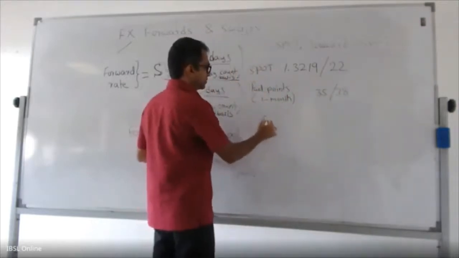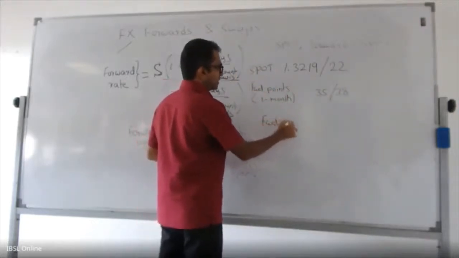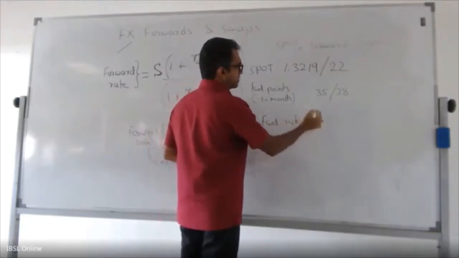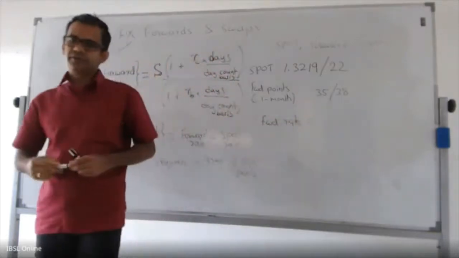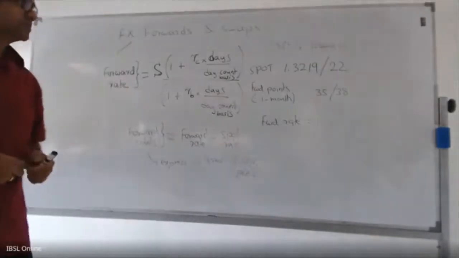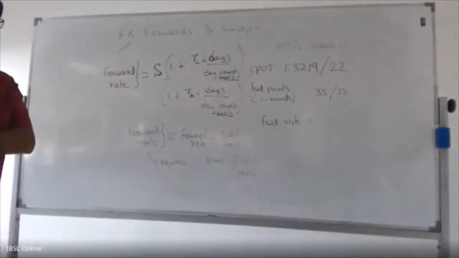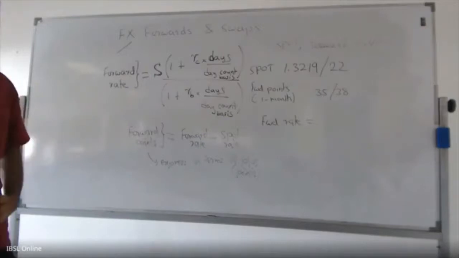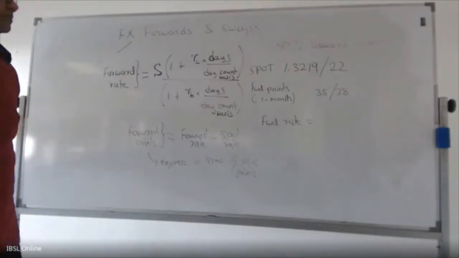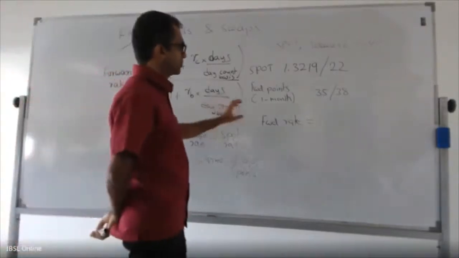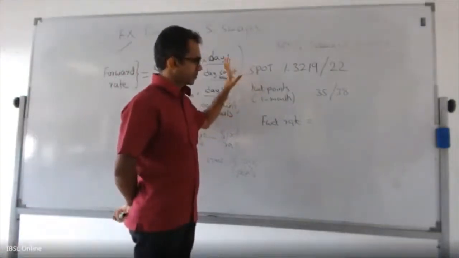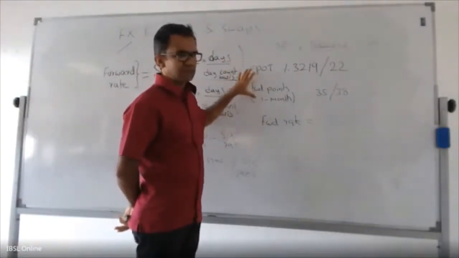What is the forward rate? How do we calculate the forward rate in this instance?